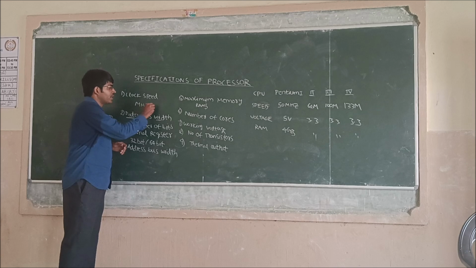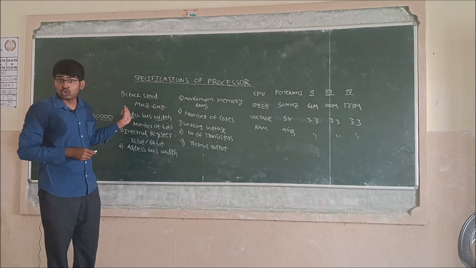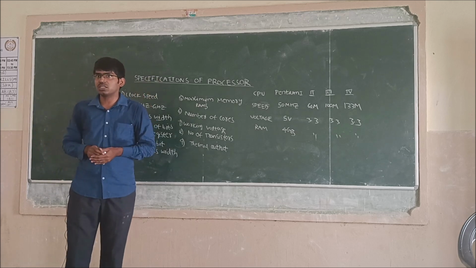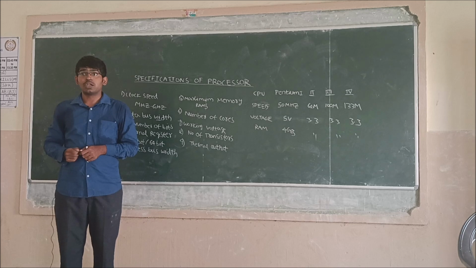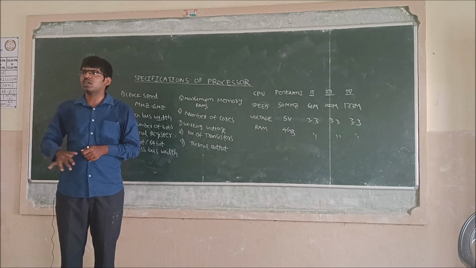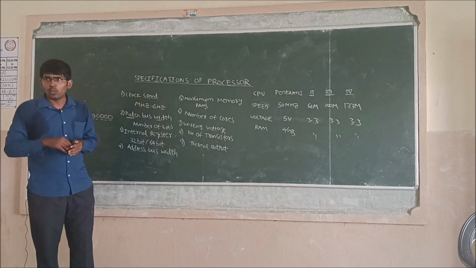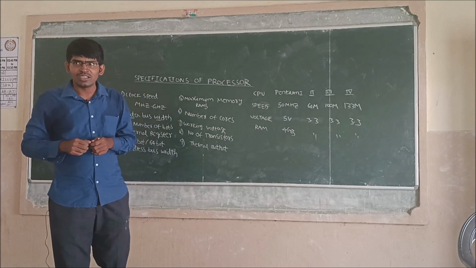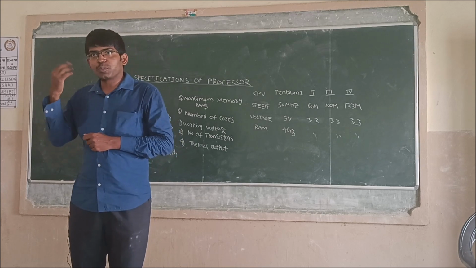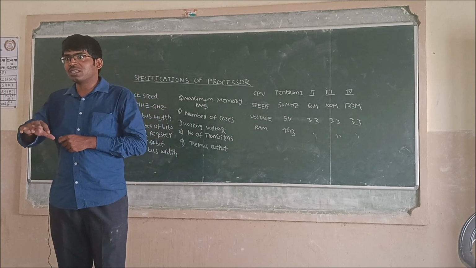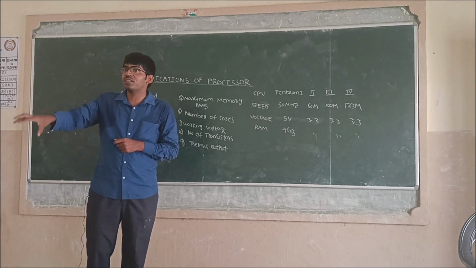Generally the clock speed ranges from megahertz to gigahertz: 10 to the power 6 instructions per second, or 10 to the power 9 instructions per second, gigahertz. More clock speed means the processor is running very fast and efficiently handling the data with the other components on the motherboard.